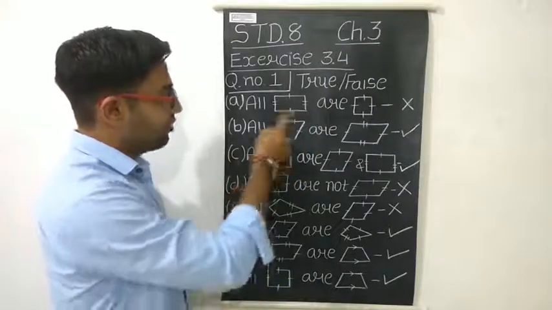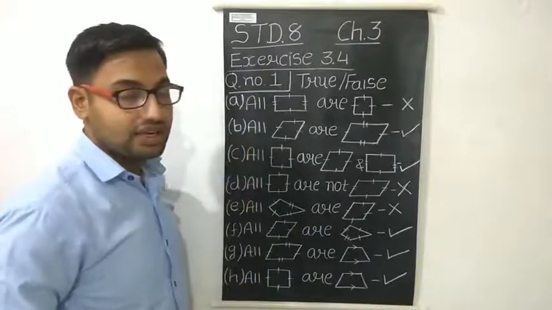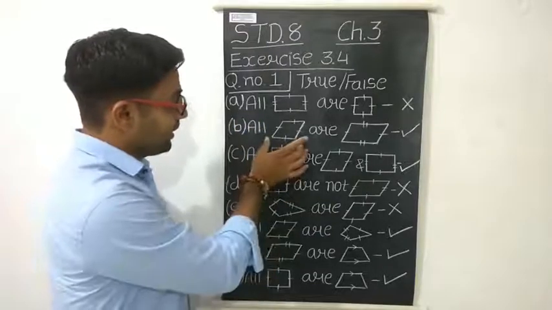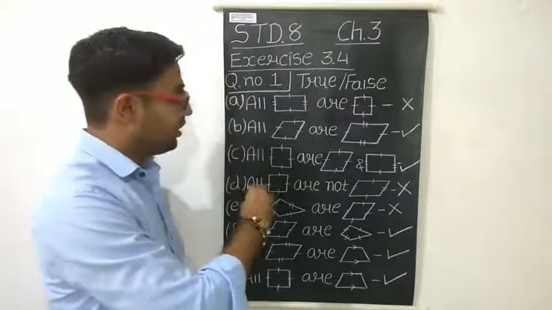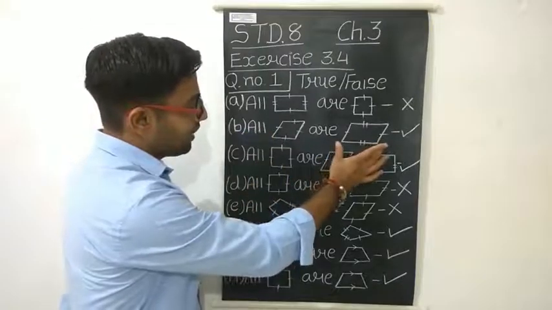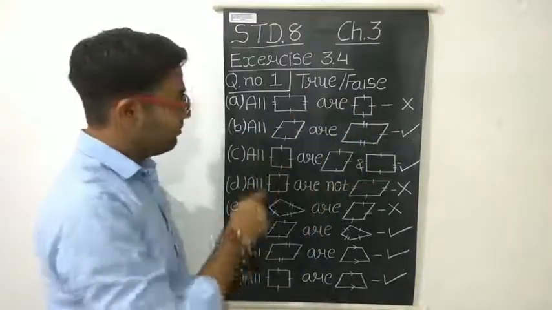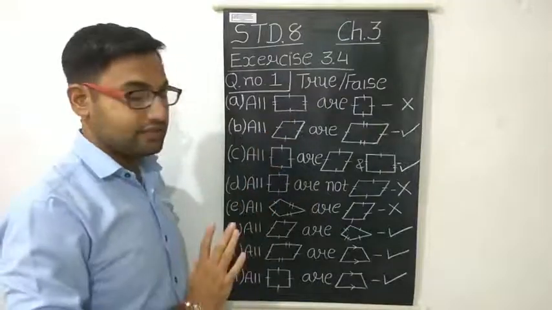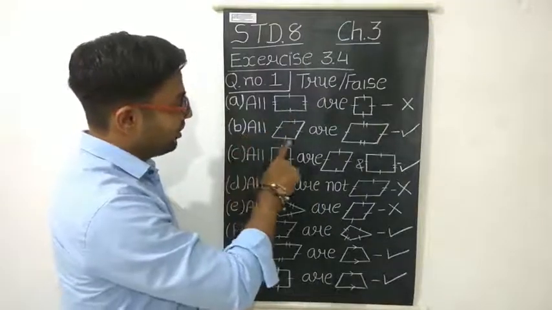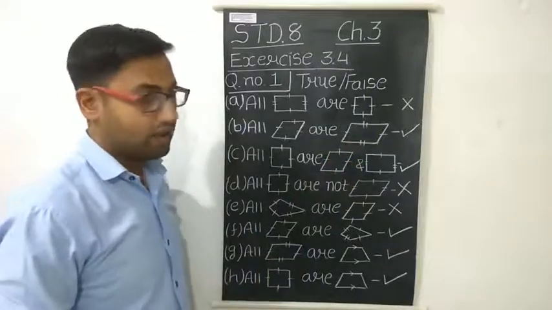One more property of the rhombus is that all the sides are equal, so the rhombus will satisfy the property of the parallelogram. So we can say that yes, all the rhombuses are parallelograms, right?